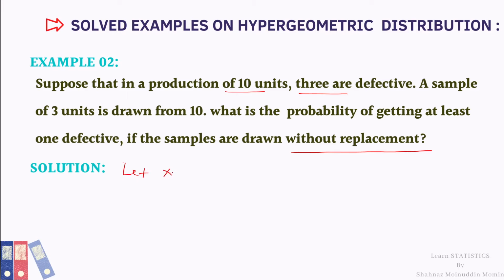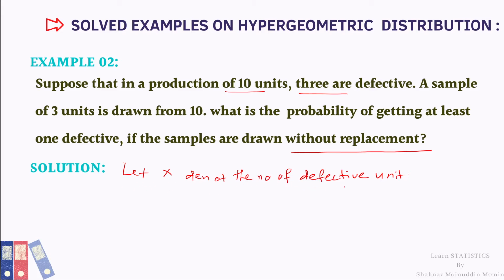Let X denote the number of defective units. While solving the example, we must define a random variable X which denotes the corresponding outcomes of the experiment.